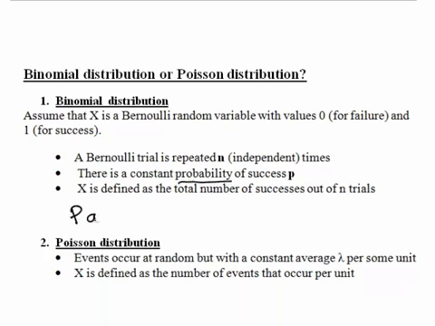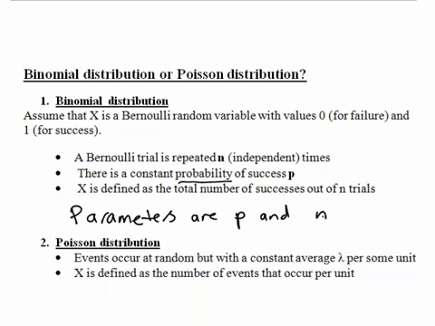Another thing to notice is that the parameters here are p, which was the probability of success, and n, which is the number of trials. Let's contrast this with the Poisson distribution. With the Poisson distribution, events occur at random, but with a constant average lambda per some unit, where this unit could be time, for instance, or length, or area, just for a few examples.